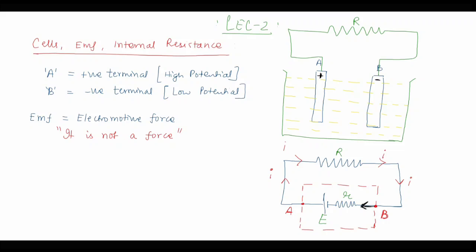Or we can say that it is defined as the potential difference across the terminals of the battery when no current is drawn from it, or it is not connected externally. So we can define it in two ways.